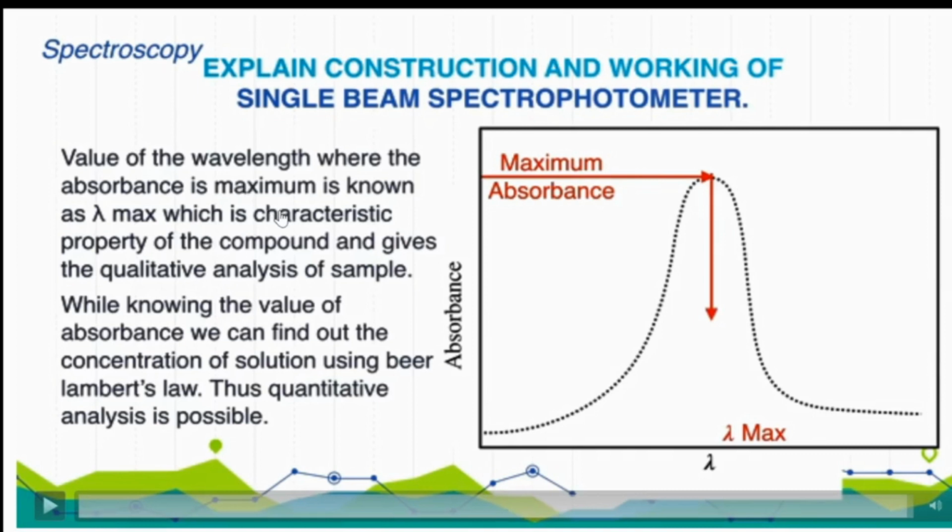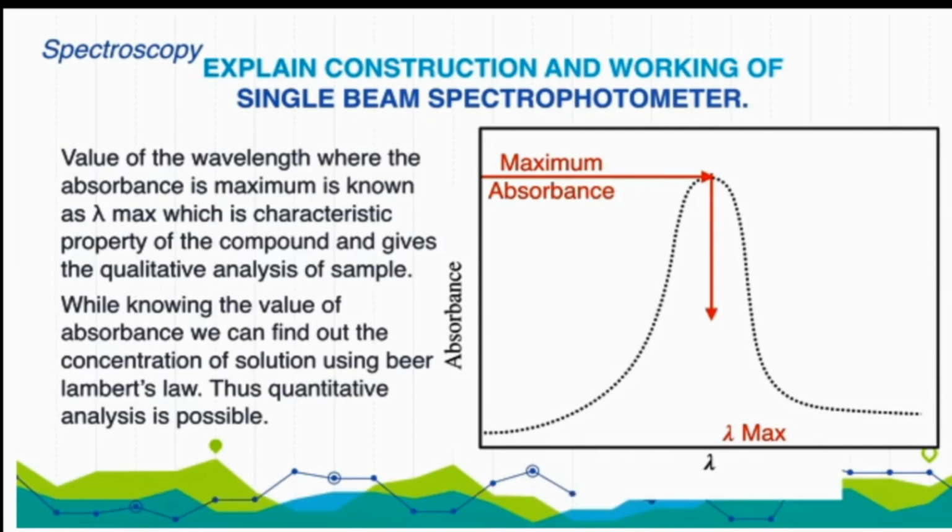For quality, we pass different wavelengths through the same solution. We can select different wavelengths by rotating the monochromator. By rotating the monochromator, we select each wavelength and record its absorbance level. After passing all the different wavelengths, we can understand which wavelength is absorbed most by that solution.